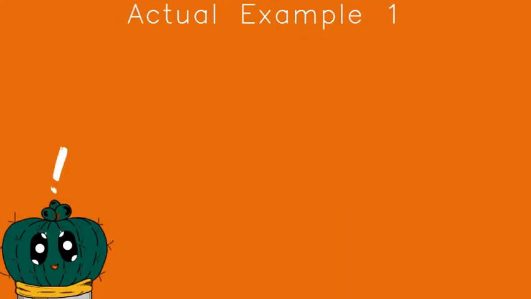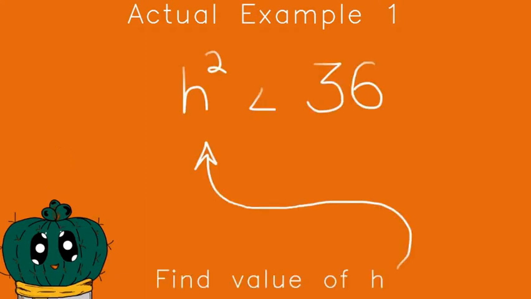So let's apply this in an example. Let's say you're given the following: h squared is less than 36. Now you want to find out the value of h.